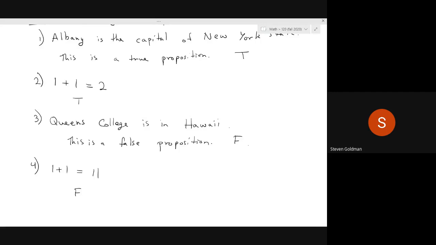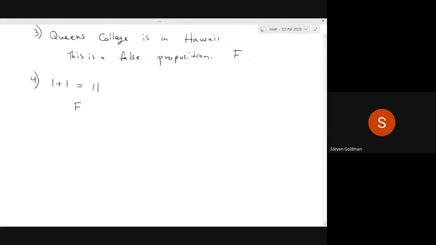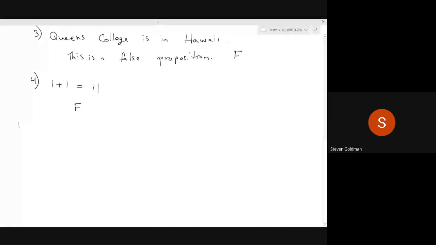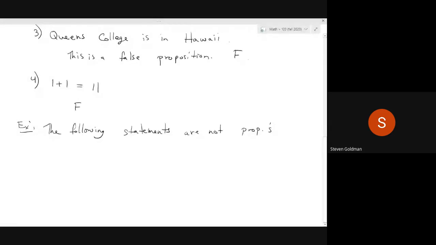Okay, so these were all propositions. I can also give you sentences or statements that are not propositions. So what are some examples of things that are not propositions? The following statements are not propositions. I'm going to write props for short. All right, it's short for propositions. All right, so our first example.